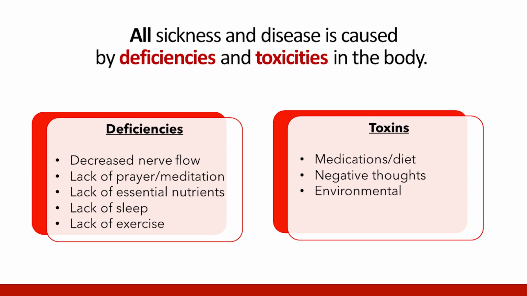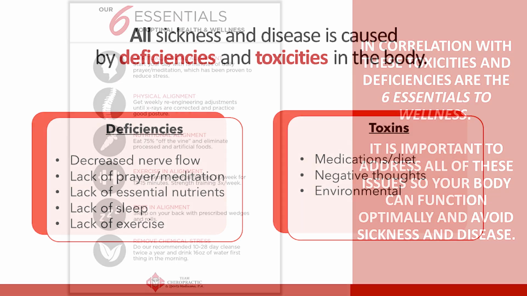Those are all part of those 6 essentials we're going to talk about. But a lack of those good things, those deficiencies, lead to problems. And then the other side of it, we have the toxicities. Bad diet, too much medications and drugs in our system, negative thoughts, environmental toxins that are around in the air we breathe and some of the other products we use. So we want to stay away from those for sure.